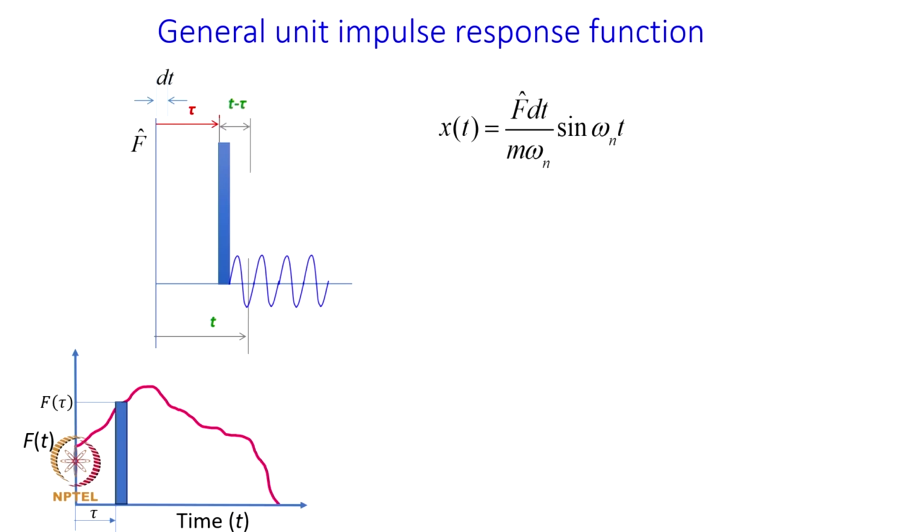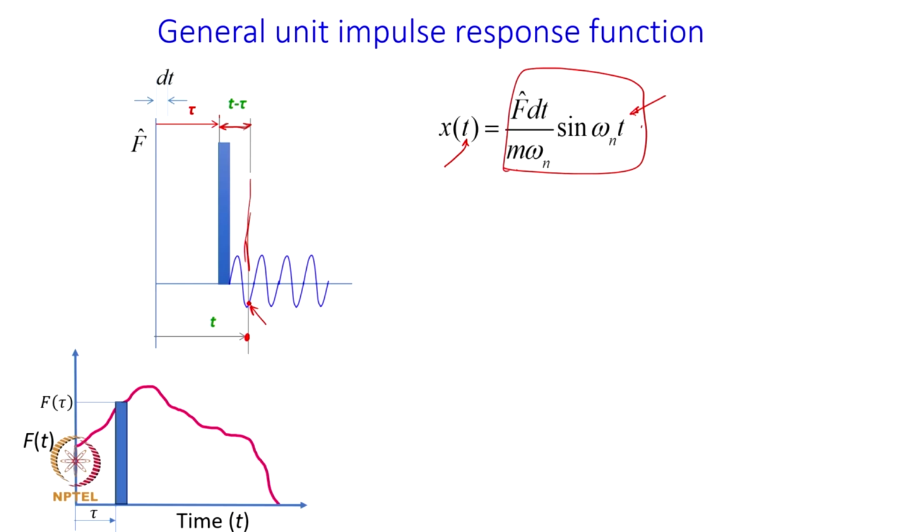That means that instead of finding the response at t by using the value of time as t in this function, the response obviously has to be at this point, but to evaluate that sinusoidal function here, we will have to shift the time axis, and the time value should be t minus tau. Then only you will be able to use this expression to get this particular response. And that is how we do it.